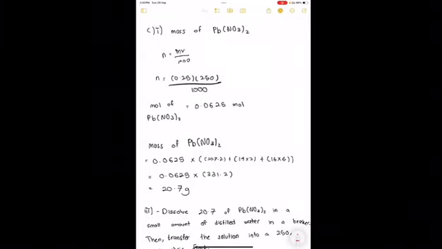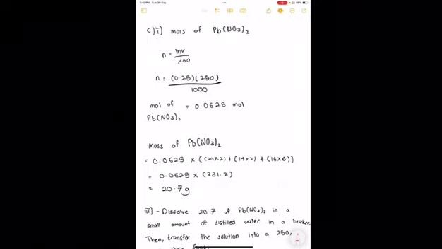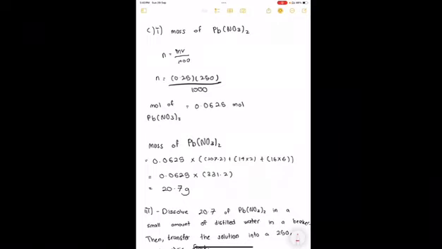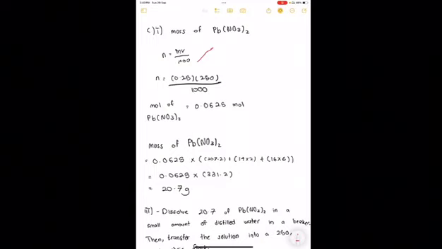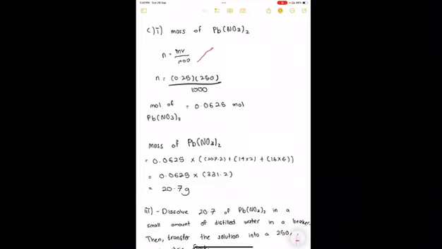Firstly, we need to find the mass of the Pb(NO3)2. As the compound is in liquid state, so we can use this formula, which is n equal to MV over 1000. So we just substitute the value, which is the molarity of the solution is 0.25, then the volume of the solution is 250 ml, then over 1000.